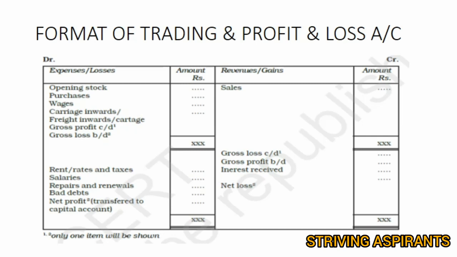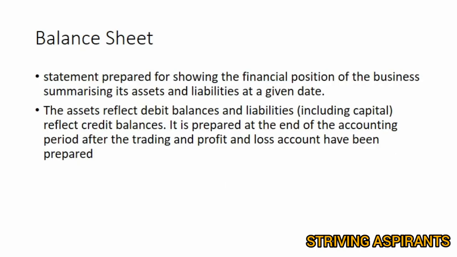So we have to enter indirect expenses in the second part, and whatever gross profit we ascertain, we can enter on the credit side. Here we can also enter any indirect income, like commission we have received, on the credit side. So this is the format of a trading and profit and loss account.